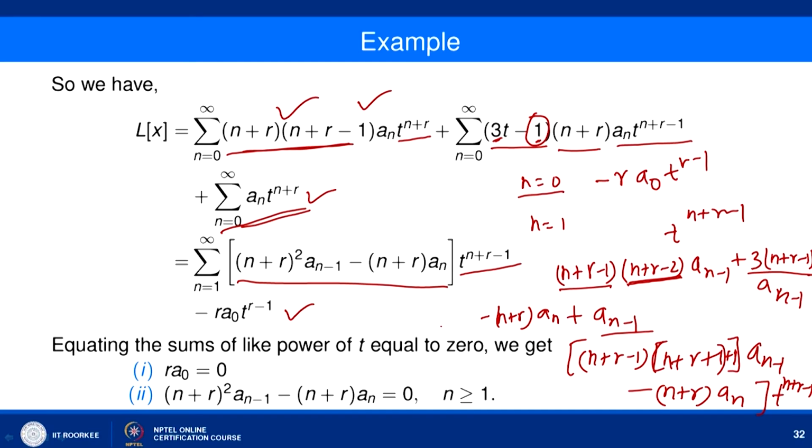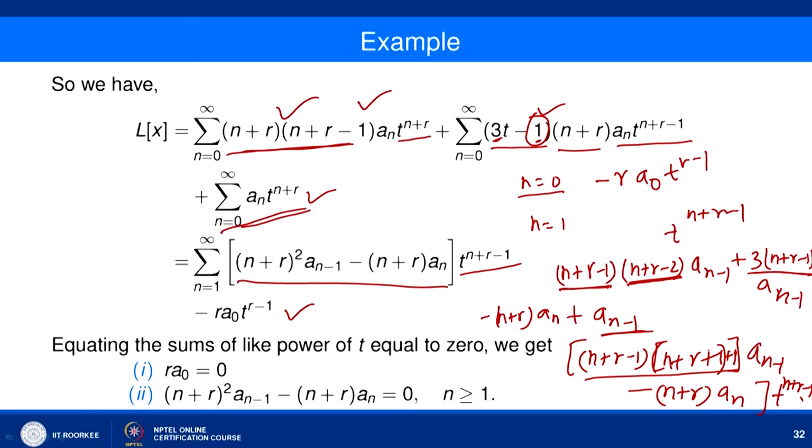The term corresponding to t to the power n plus r minus 1 gives minus n plus r a n. When you simplify n plus r minus 1 into n plus r minus 2 plus 3 n plus r minus 1 plus 1, we write it like this: n plus r minus 1 into n plus r plus 1 plus 1 into a n minus 1 minus n plus r a n, into t to the power n plus r minus 1.